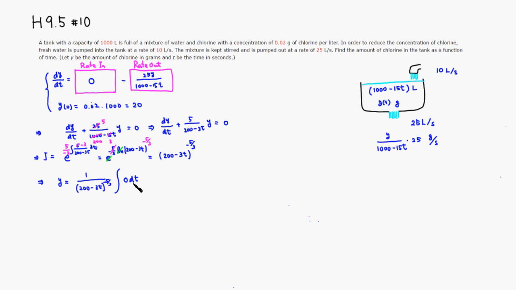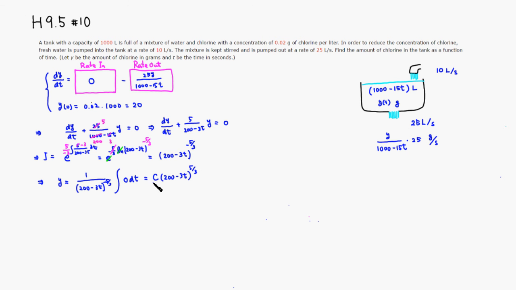This is just a number, so I'm going to put c here. Taking the reciprocal, it's c times 200 minus 3t raised to the 5/3 power.